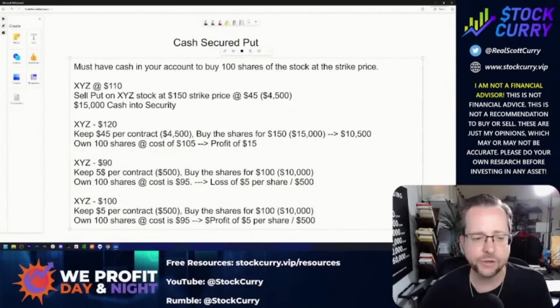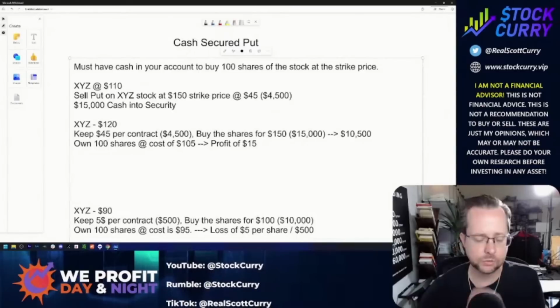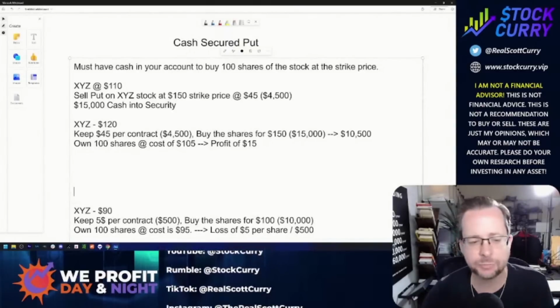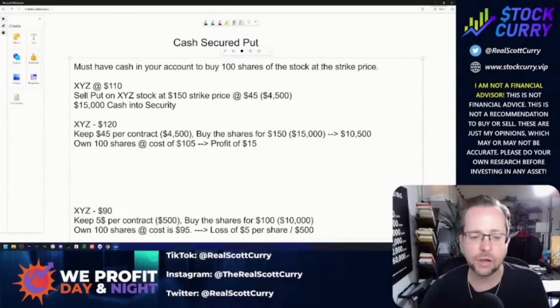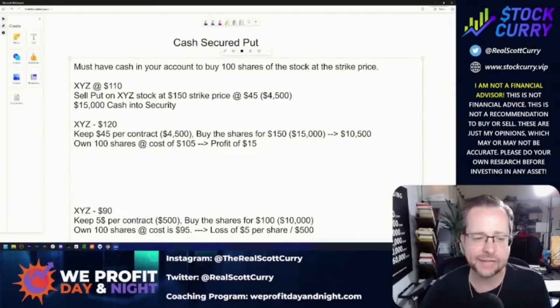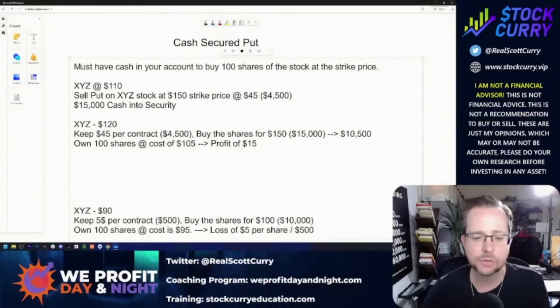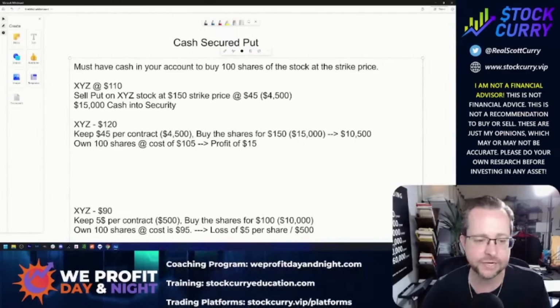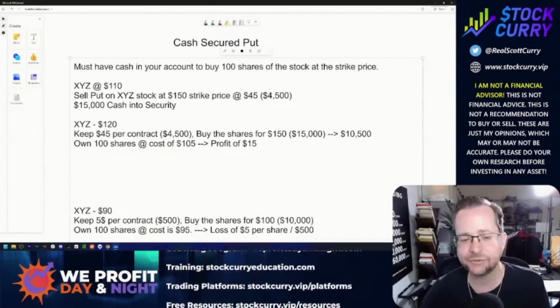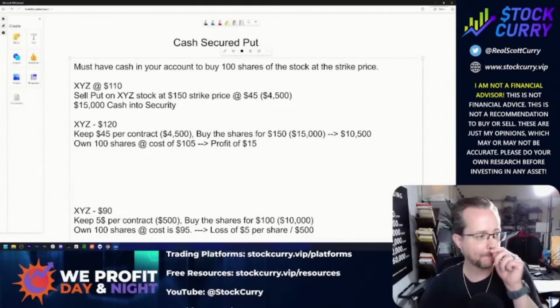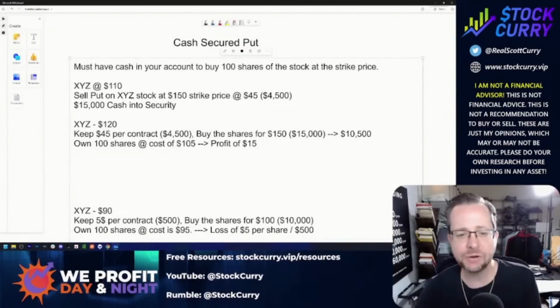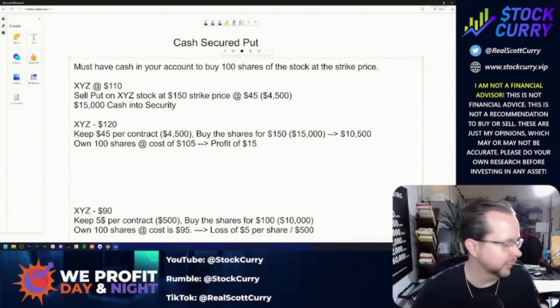This is why you might want to sell a cash secured put deep in the money. Deep in the money puts are effective because they essentially allow you to buy the shares at a discount, right? If I just bought them, I would have paid $110 per share. But by selling a cash secured put deep in the money, I'm only paying $105 per share.